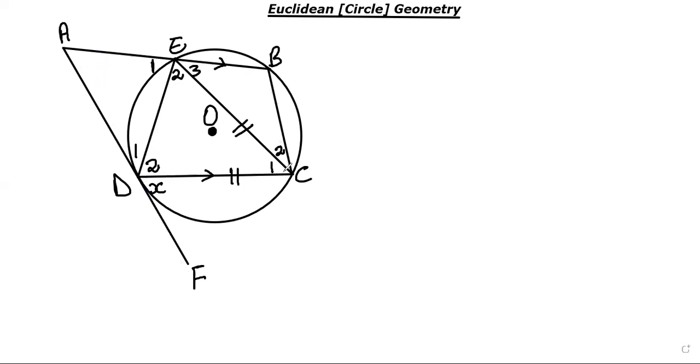And we can see that since it is given that EC is equal to DC, this is an isosceles triangle, and we know that these two angles are equal because they are angles opposite equal sides, or they are base angles of an isosceles triangle, if you like.